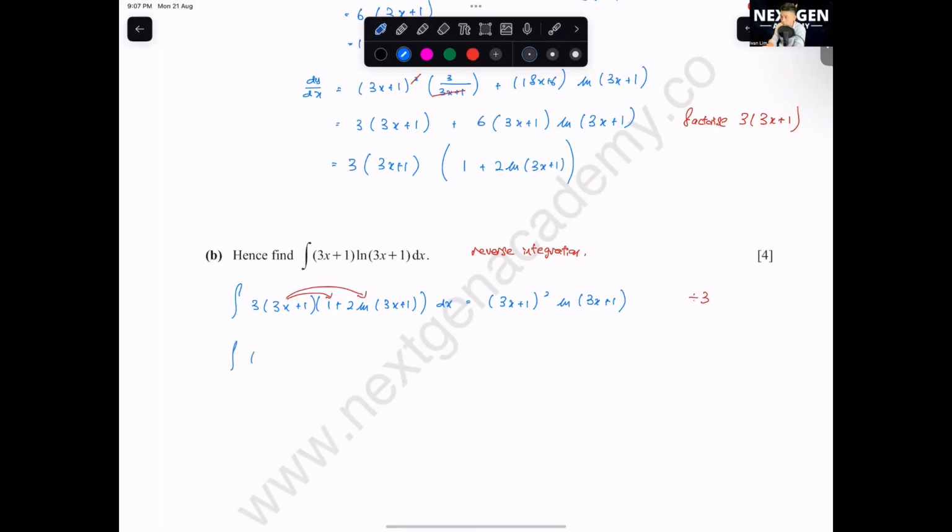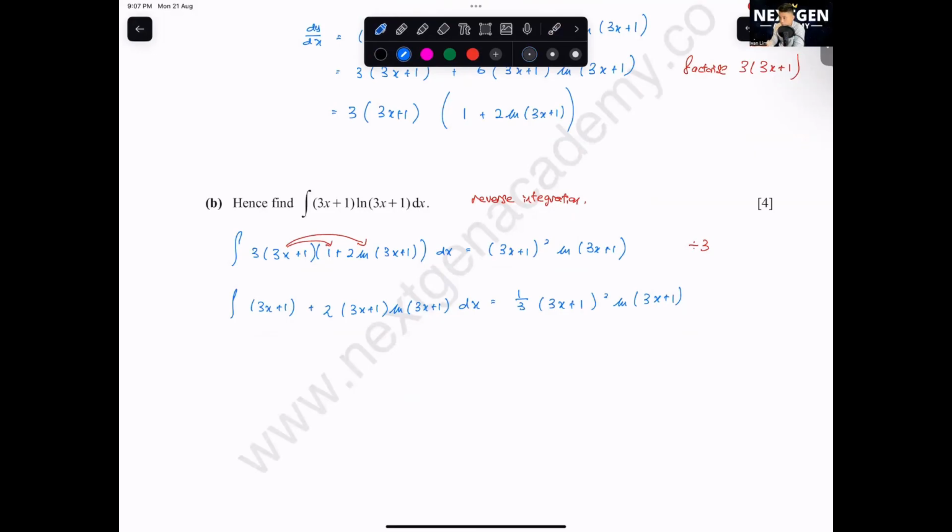So here will give you 3x plus 1 plus 2 bracket 3x plus 1 ln 3x plus 1 dx, equals, just now I divided by 3, 1 over 3, 3x plus 1 square ln 3x plus 1.